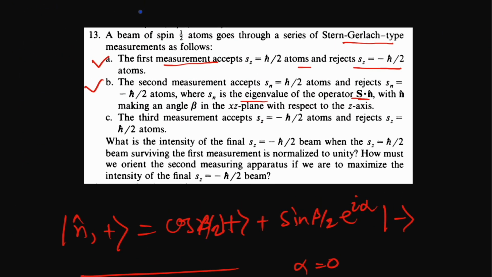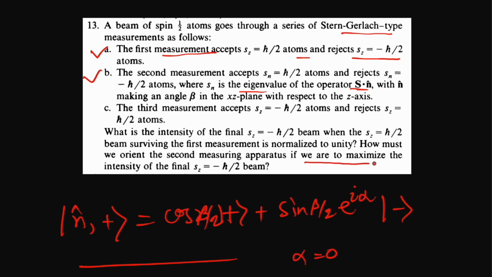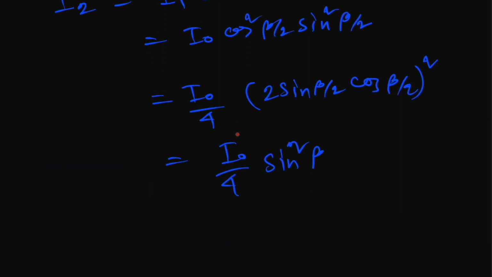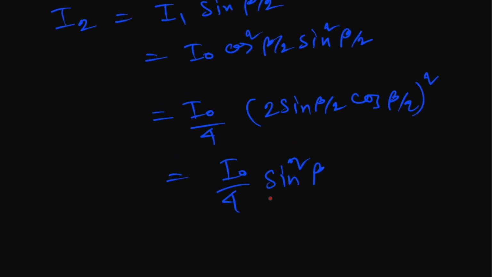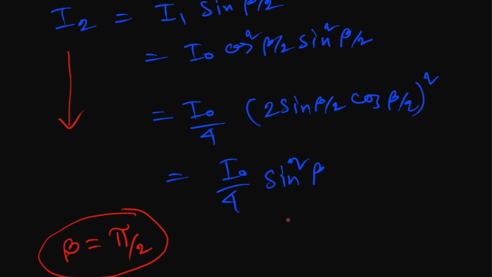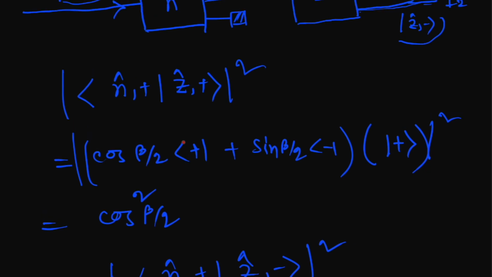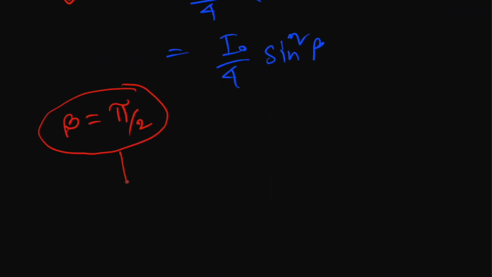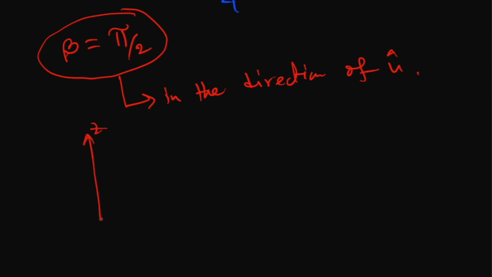In the last part of the question, it is asked, if we want to maximize the intensity of the final Sz equal to minus h cut by 2 beam, for what value of beta is I2 maximum? If beta equals pi by 2, then sin square beta will be 1. For beta equal to pi by 2, the intensity I2 is maximum. That means if we set the SG apparatus or the magnetic field n cap in the direction of x cap, here this is the z axis, this is the x axis.